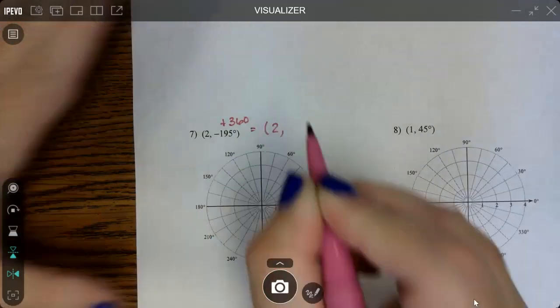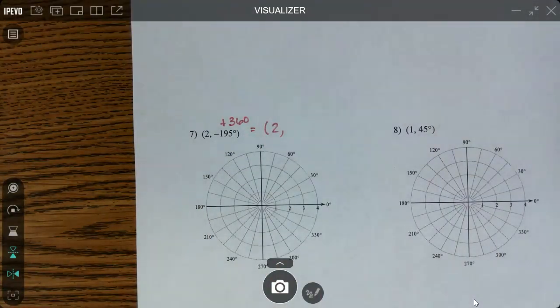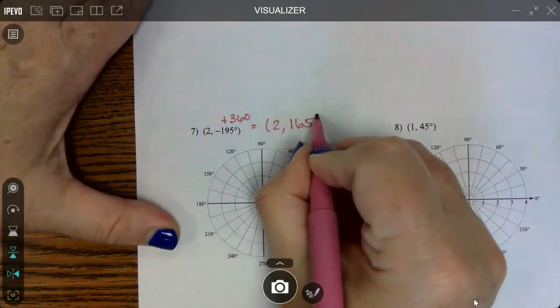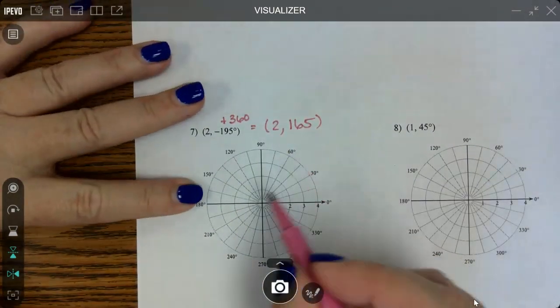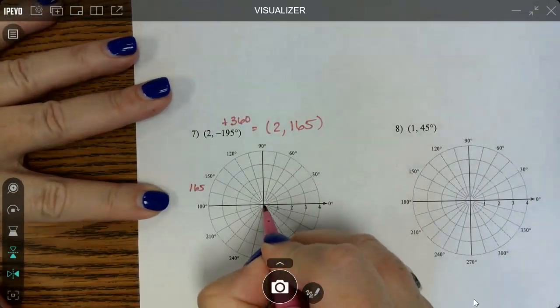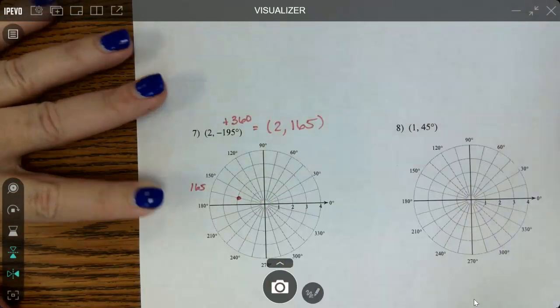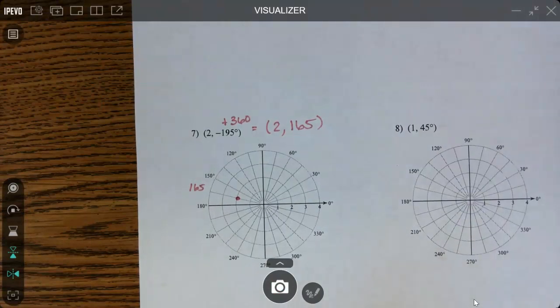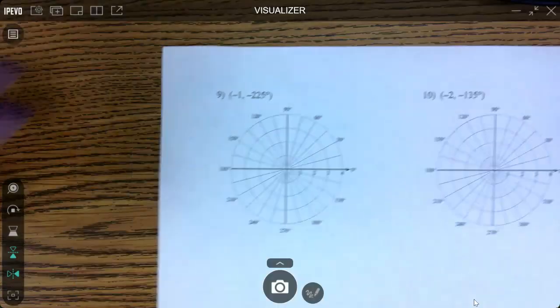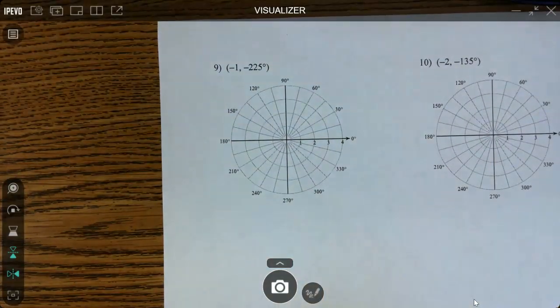So that's going to be, and I've lost my calculator. Okay, and I get 165. So there's 150, 180, so 165 is going to be right there in the middle. So once we know, count 2 and go there. Now, we'll get to what happens if we got 2 negatives.